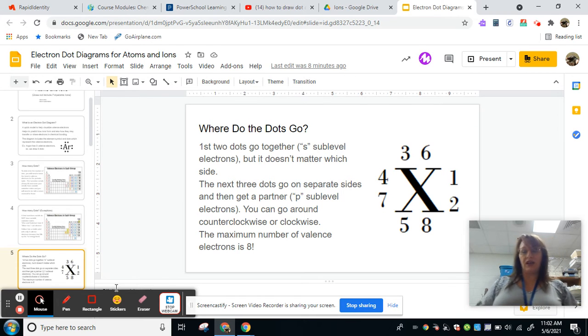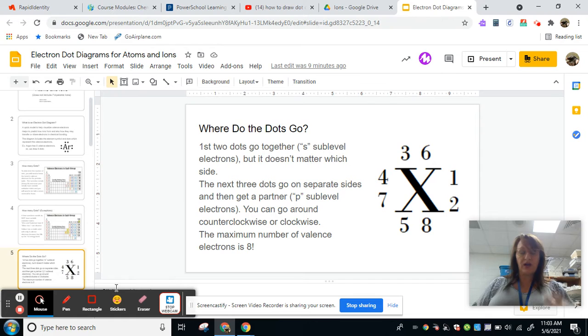The next 3 dots you should space out separately. You can go top, left, bottom, going counterclockwise, or you can go clockwise and do bottom, left, top. It doesn't matter as long as you're consistent with which way you go. The next 3 dots, you're going to go back and partner up those individual electrons. Again, either go counterclockwise or clockwise, stay consistent.